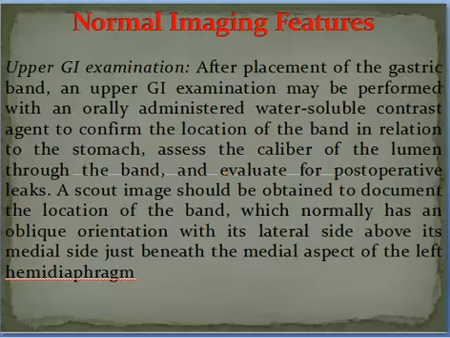A scout image should be obtained to document the location of the band, which normally has an oblique orientation with its lateral side above its medial side, just beneath the medial aspect of the left hemidiaphragm. It's just to make an oblique view to show the band and the port well.